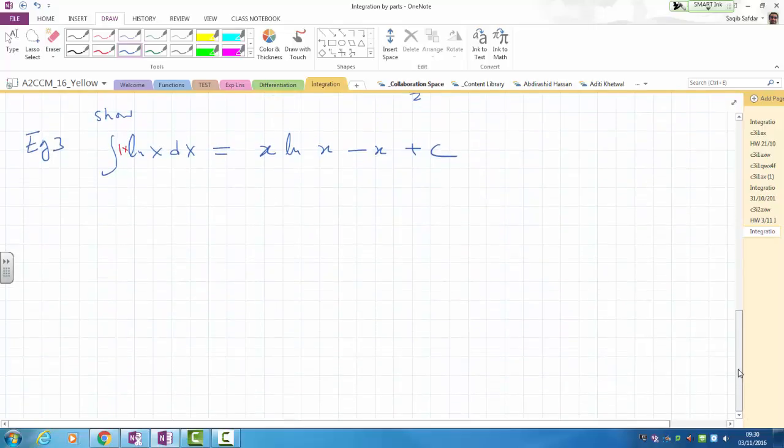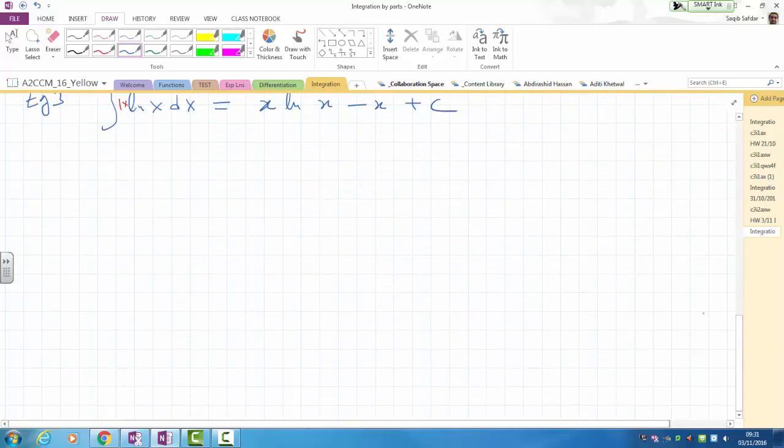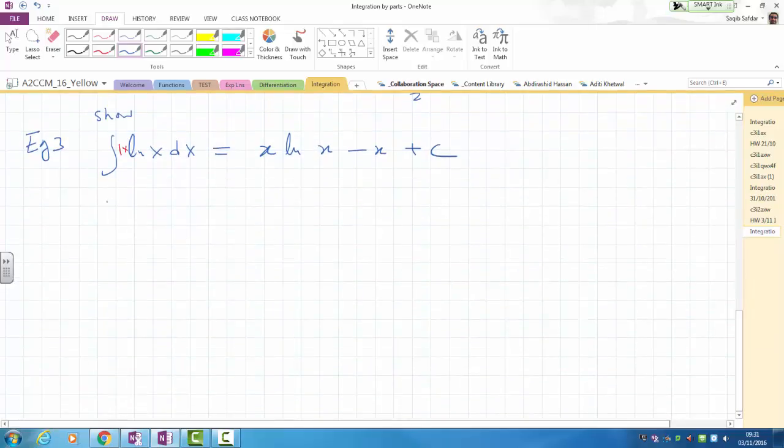Now, to do the integral of ln x, we do a little trick, and we say that to integrate ln x is the same as doing 1 times ln x. And so again, if we go to the rule, the integral of u v prime dx equals uv take away the integral of v u prime dx, then we can match this up.